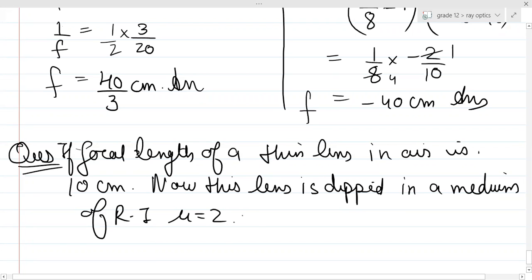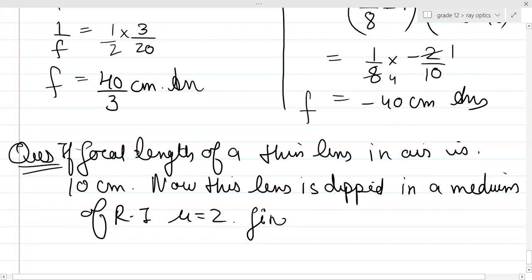So the question is, the lens is dipped in a medium of refractive index mu equals 2.